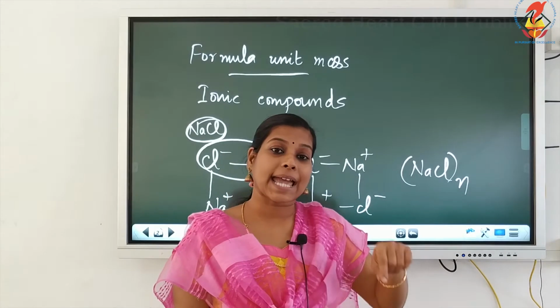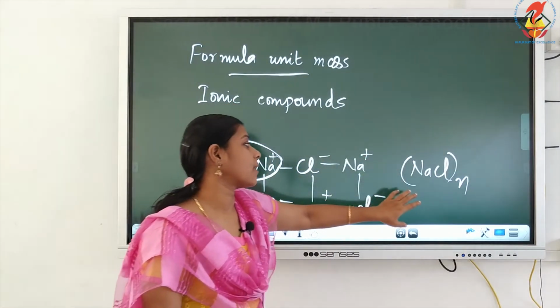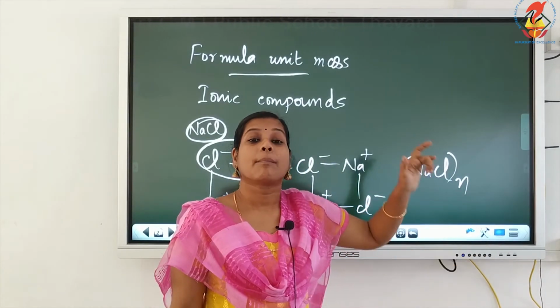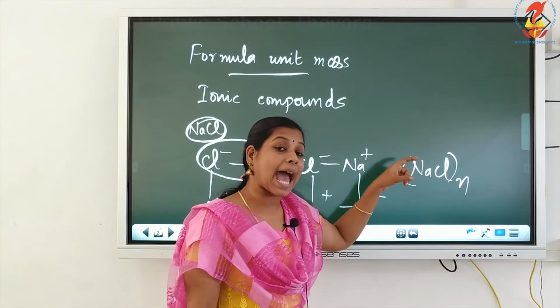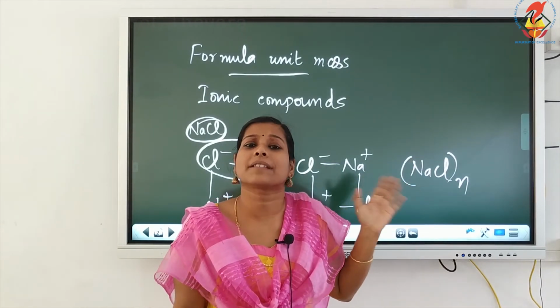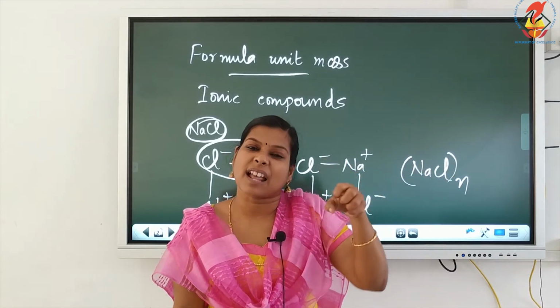At that time we calculate the mass in the same way, but we cannot call it molecular mass, because it is not a single molecule. We are taking a cluster of molecules.